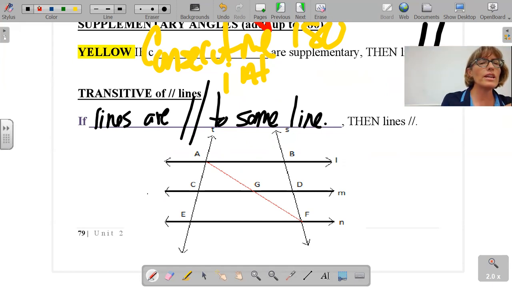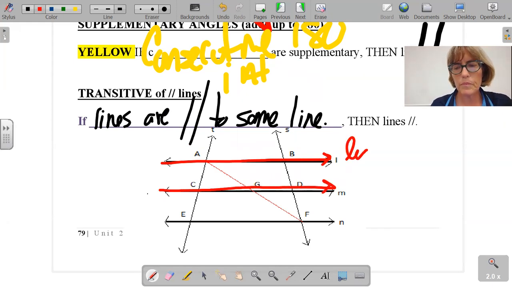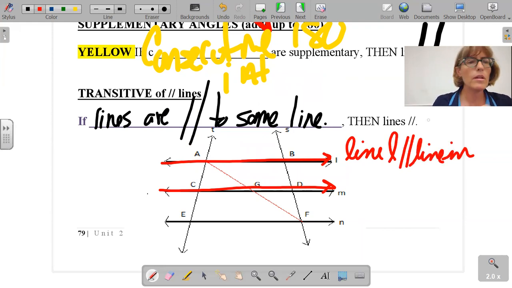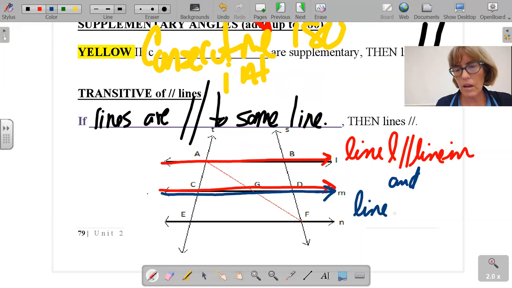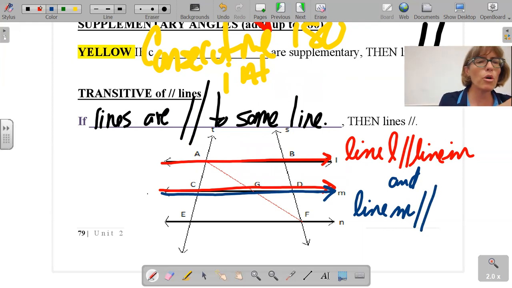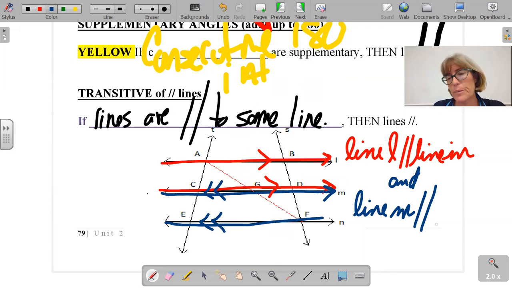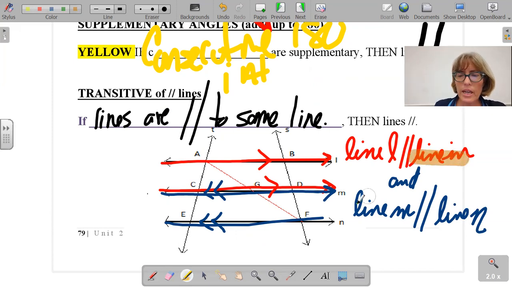For example, if I tell you that line L is parallel to line M, and line M, I'm going to do the arrows, one arrow, one arrow, line M is also parallel to line N. Notice the overlap here, line M, so they're parallel to the same line.